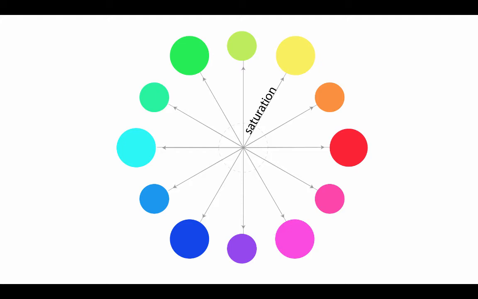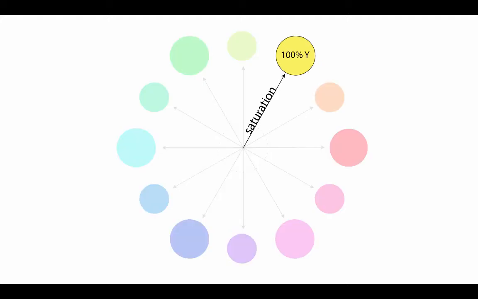All right, and so the purest form of the color, as I mentioned before, is a fully saturated hue without any kind of white or black added. Okay. And so in this case, we're looking at yellow at its fullest saturation at 100%.